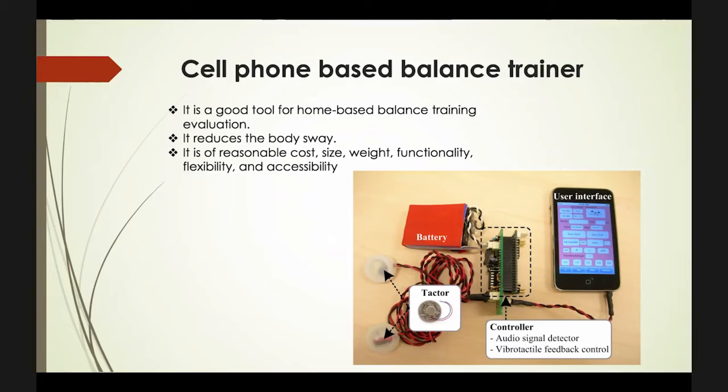It reduces body sway by giving an alert to the patient to change his body stability if he is swaying, the same as the belt. It's of reasonable cost, size, weight, functionality, flexibility, and accessibility, because of course it's easy to use.